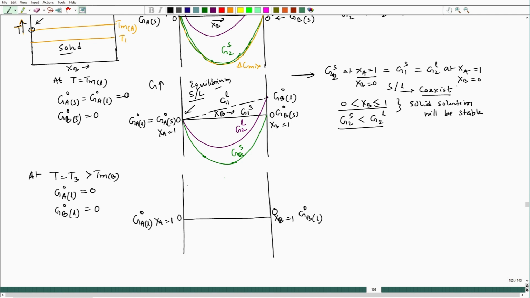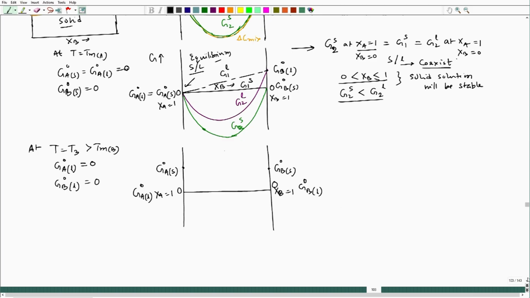Correspondingly I have to put the points for solid of pure A and pure B; this is G naught A solid, and this is my G naught B solid at T3.